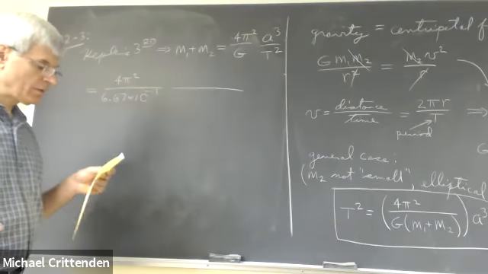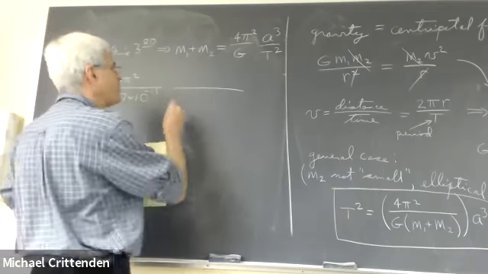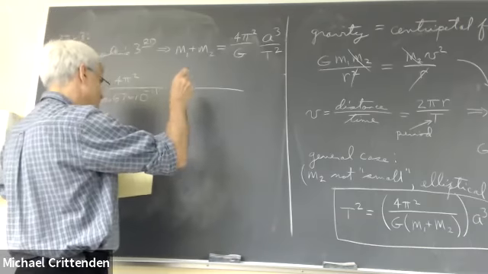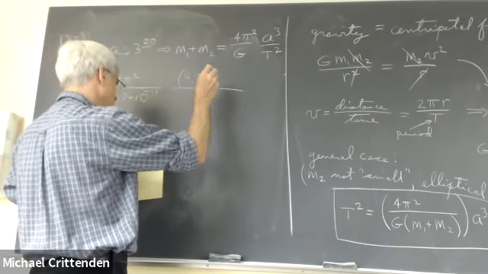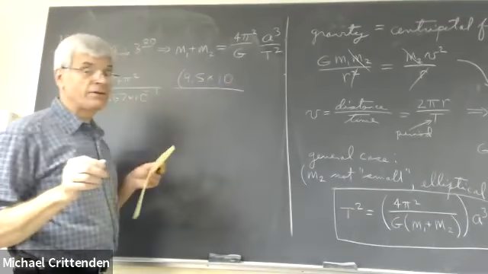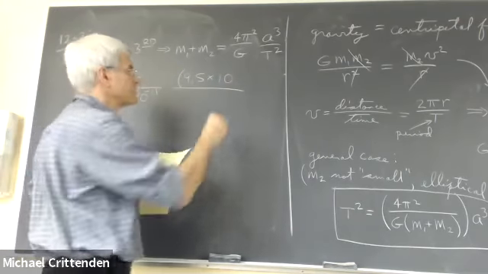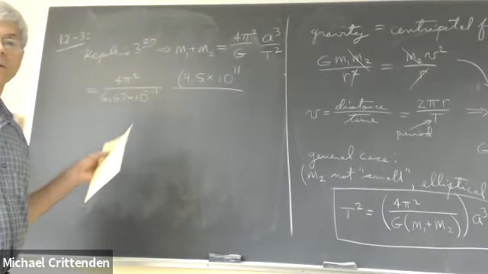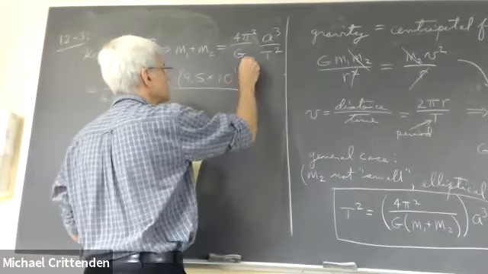A is the semi-major axis of the orbit, the average distance, if you'd rather say it that way. Think of it as being A for average. 9.5. Now, the distance was given in kilometers. Don't forget to convert to meters. 10 to the 8th kilometers, 10 to the 11th meters.